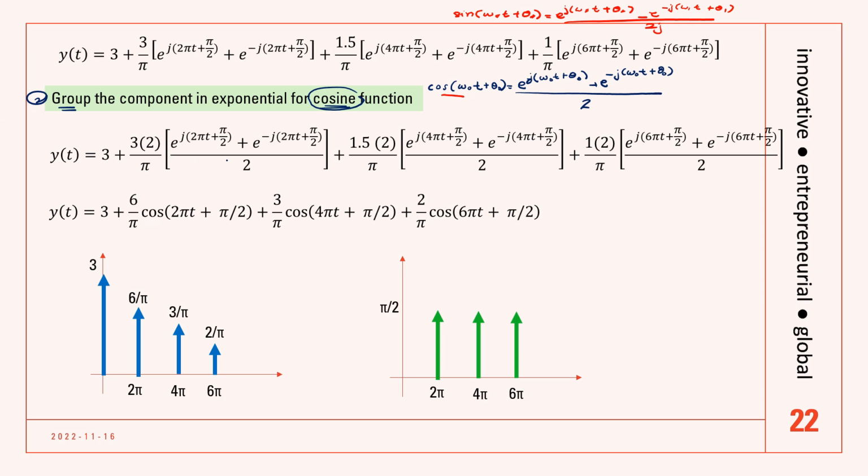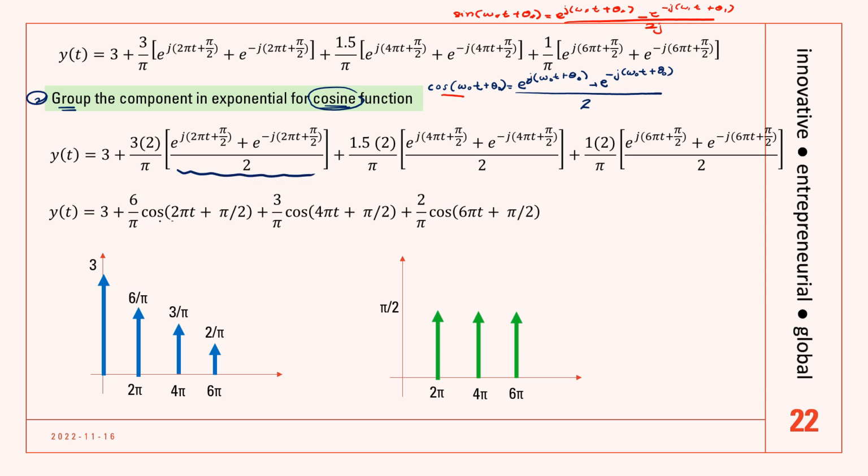Okay, so we know that for the cosine function we need to divide by 2. So how do we do that? We need to multiply the front by 2, in order for you to divide inside this particular bracket by 2, right? So this is mathematics. After you have done this, you can see inside here this is cos, right?